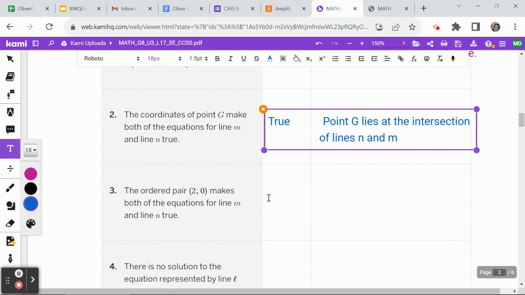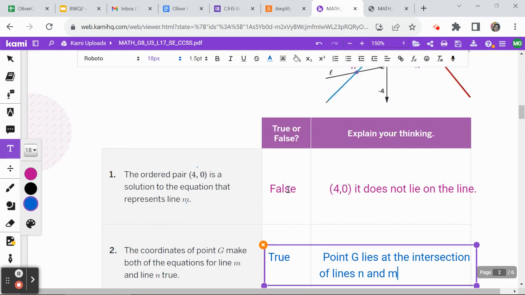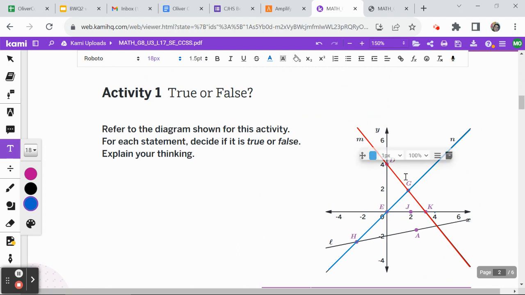Now 3 is 0 or is 2 0. Make both the equations for the line M and N true. So is it a solution for both lines? So again, we're comparing our blue line and the other. And 2 0 is our point J. If we look, point J, is that on either of those lines? Nope.